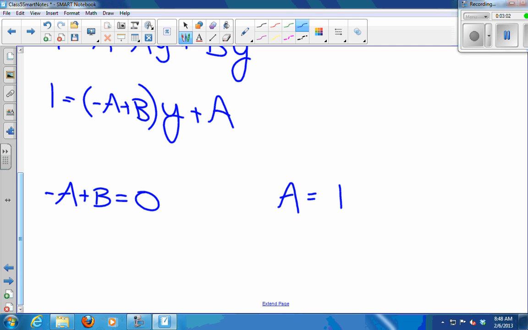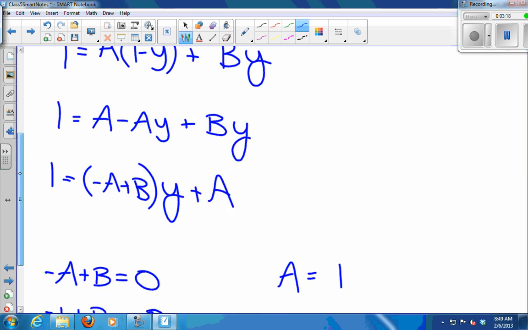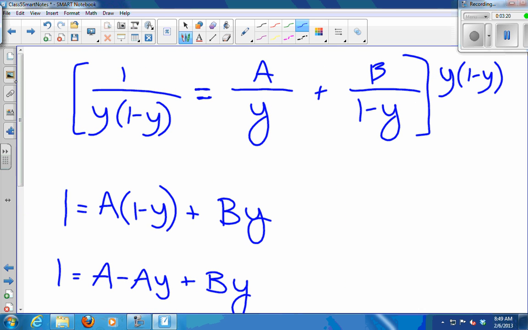So a is 1, and that means that, what does b have to be? Also 1. a equals b equals 1. All right, so then I can rewrite this thing that I'm trying to integrate as 1 over y plus 1 over 1 minus y.